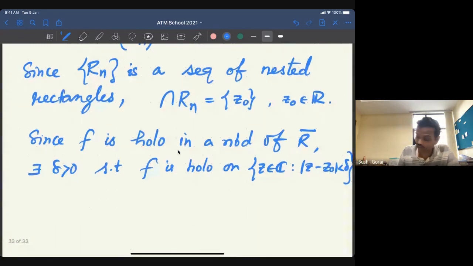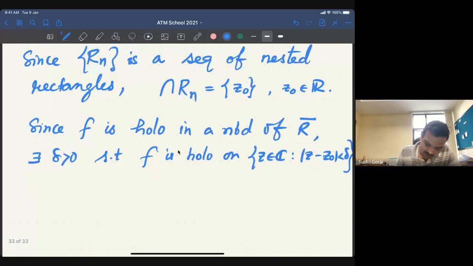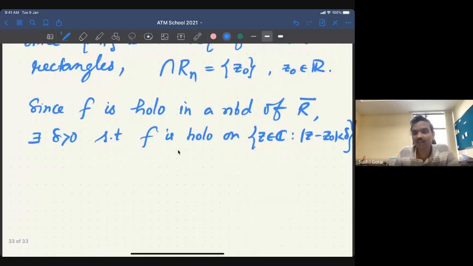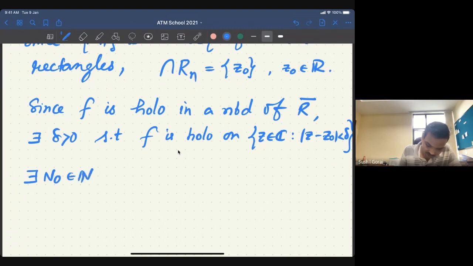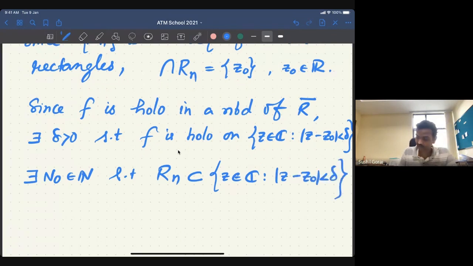So on the delta neighborhood of Z0, F will be holomorphic. And since the diameter of Rn converges to 0, for this delta there will exist an n0, a natural number, such that Rn will lie in this set, Z in C such that mod of Z minus Z0 less than delta. And this is true for all n greater than n0. All right. Is this clear? Is there any question here?